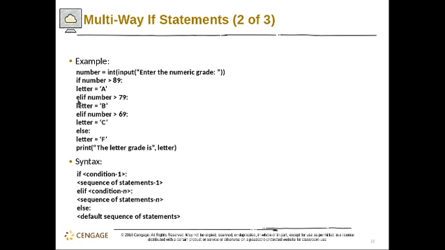Else if the number is greater than 79, the grade will be B. Elif the number is greater than 69, the letter grade will be C. And then finally the else, which is if you still did not meet the passing grade, you will get a fail. So F. Any other values aside from those specified will give this statement, which is a grade of F.